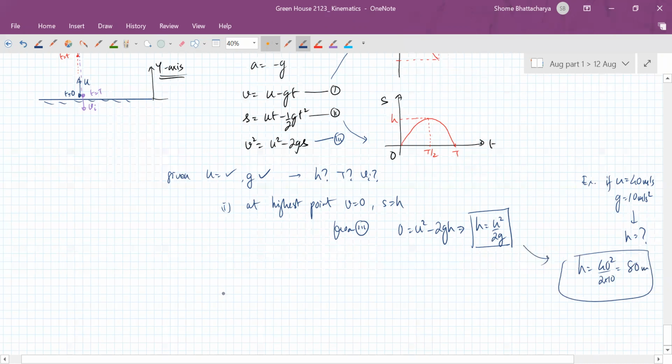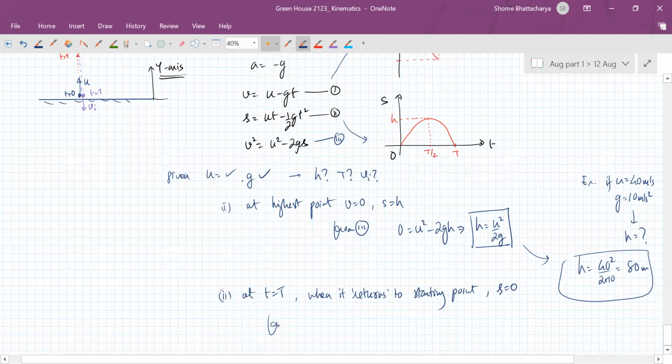Then the other thing is that at t equal to capital T, when it returns to the starting point, its displacement should be 0.